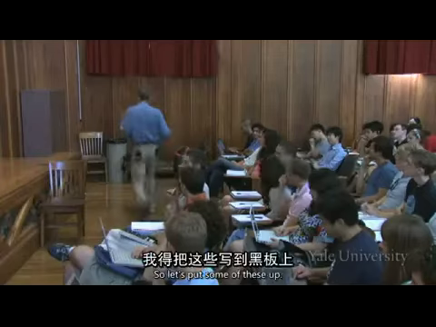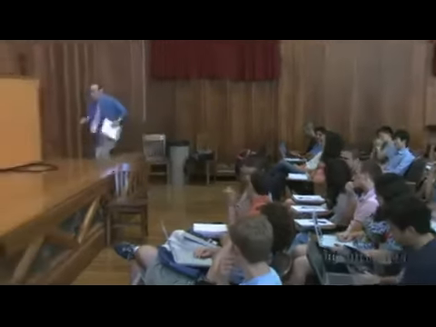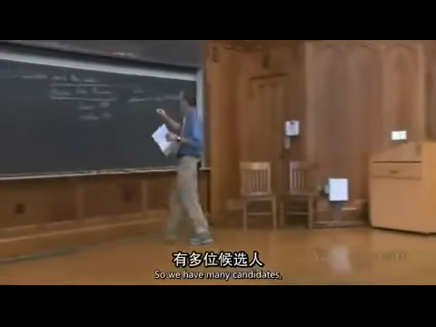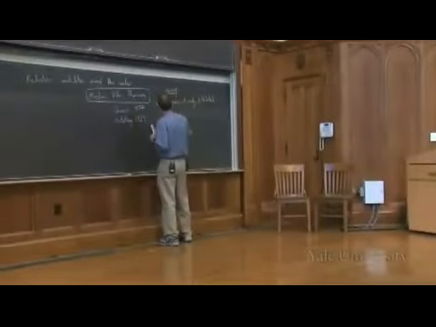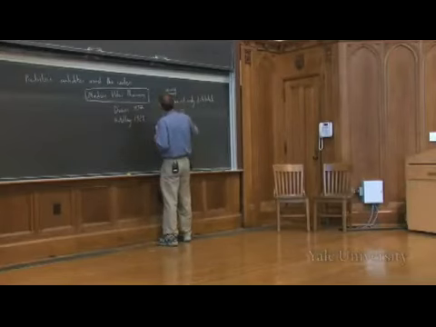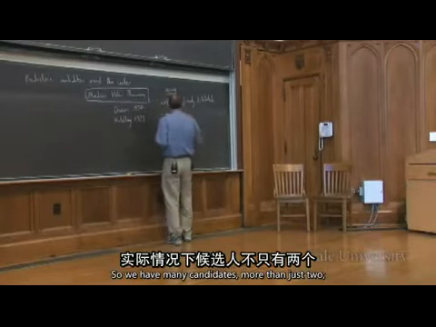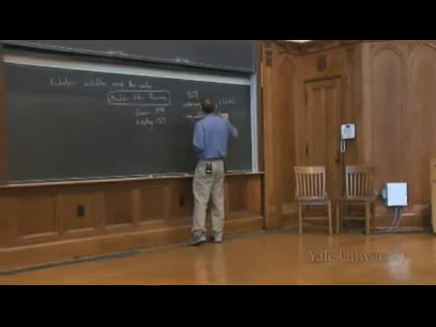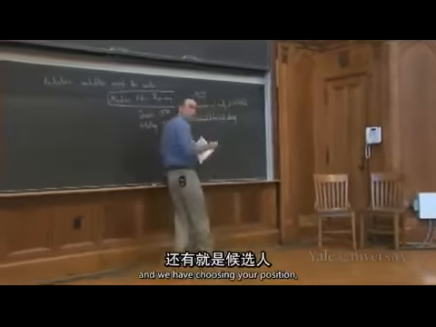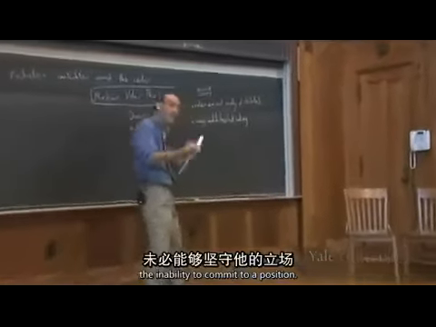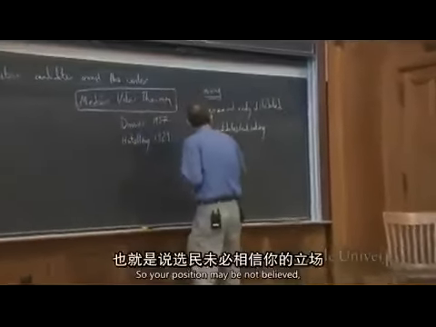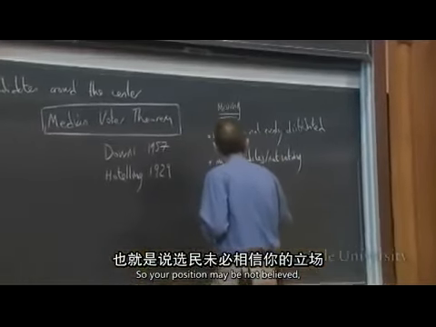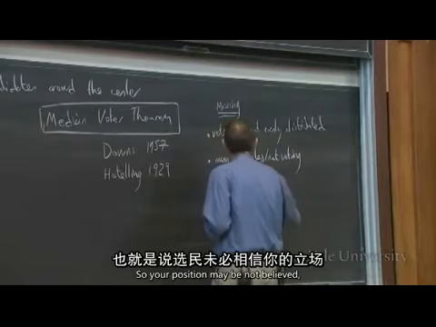All right? So let's put some of these up. I'm going to forget them, so you have to help me out a bit. So we have many candidates, more than just 2, or we have not voting, which is related to that, actually. And we have choosing your position, the inability to commit to a position. So your position may not be believed.